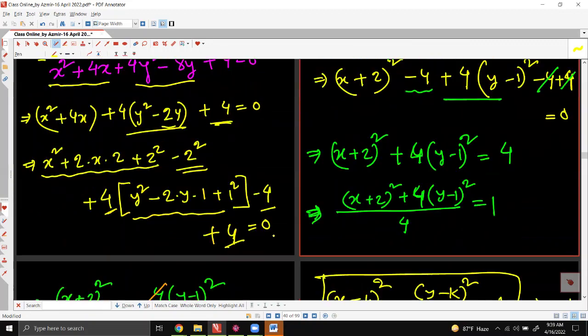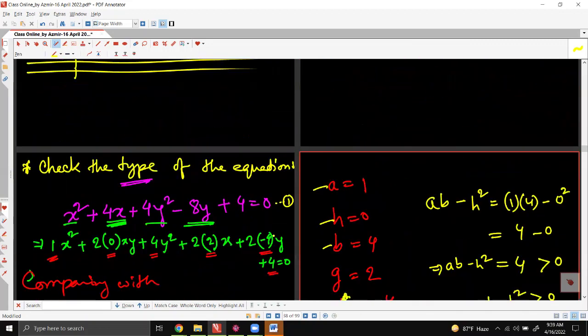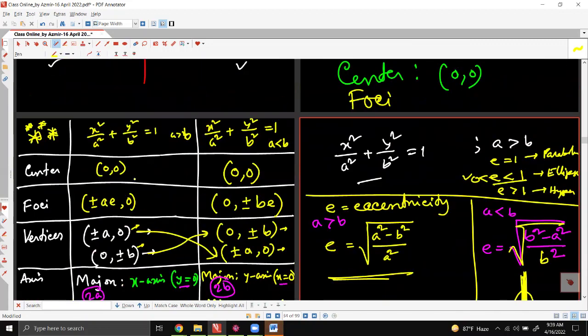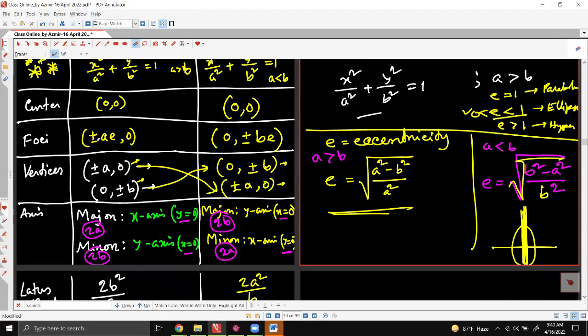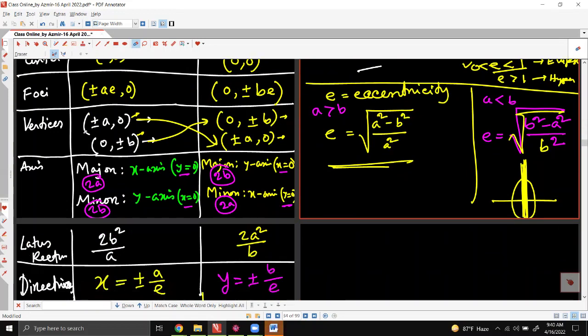So since a is greater than b, these formulas will be applied. The formulas that are in the first column will be applied. So center is 0, 0, foci is plus minus a, comma 0, vertices are plus minus a, comma 0, and 0, comma plus minus b, major axis is the x-axis and minor axis is the y-axis.